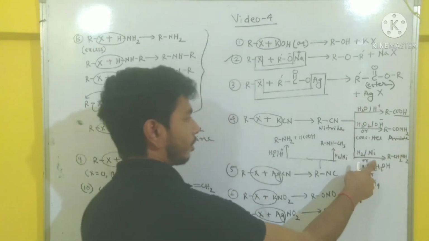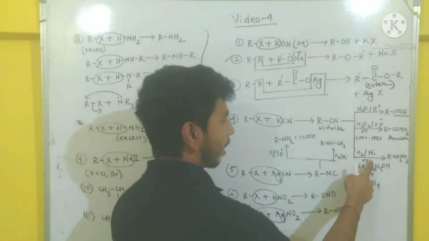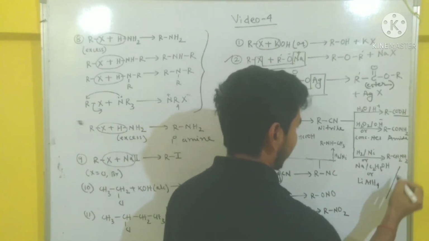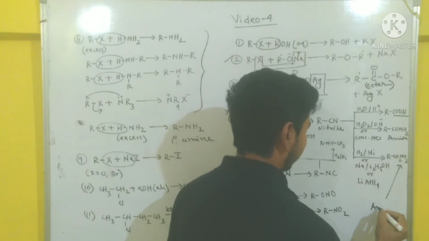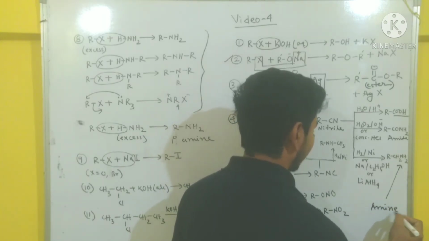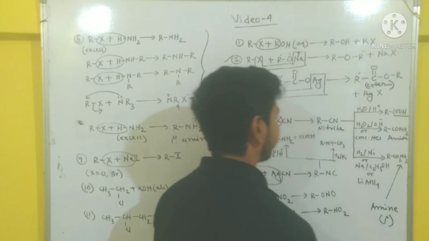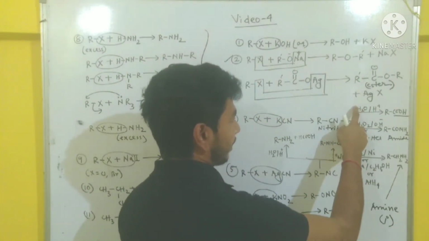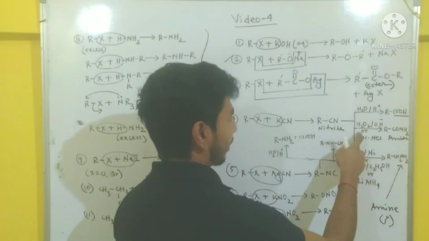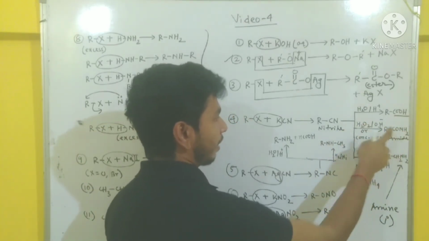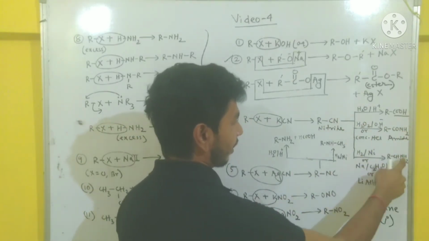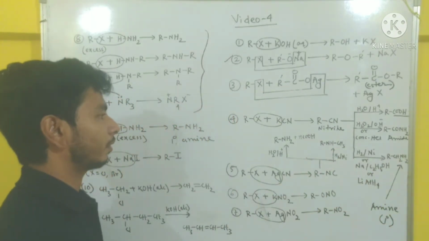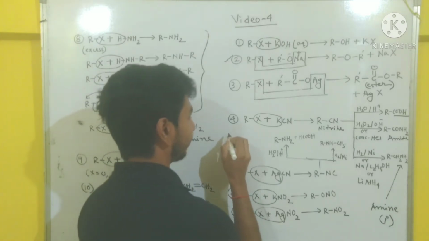And this is reduction: cyanide upon reduction gives the amine, called 1 degree amine. So on complete hydrolysis it gives carboxylic acid, on partial hydrolysis it gives amide, and on reduction it gives the 1 degree amine.